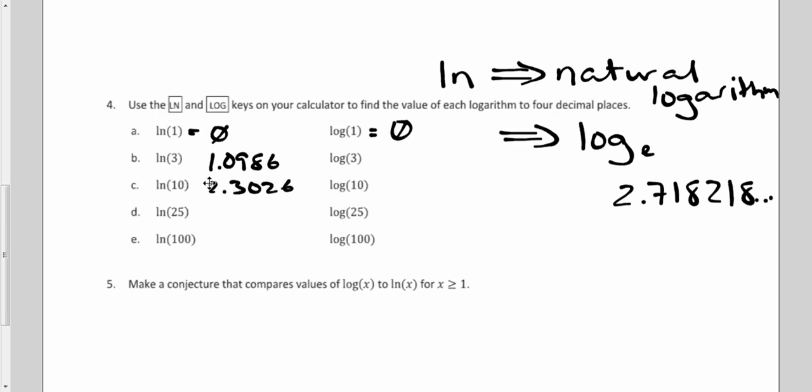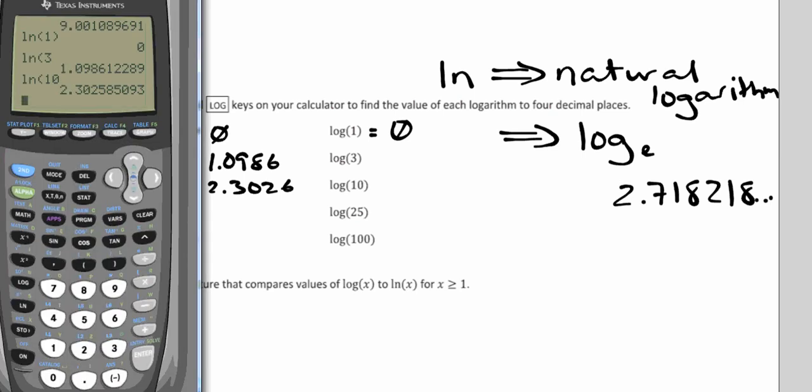You should be doing these on your calculator. Take a minute, pause the video, do natural log, and then do the rest of the common logs, the log base 10s. Do those all on your calculator. Pause the video, do those, and then unpause it, and we'll go over them together.